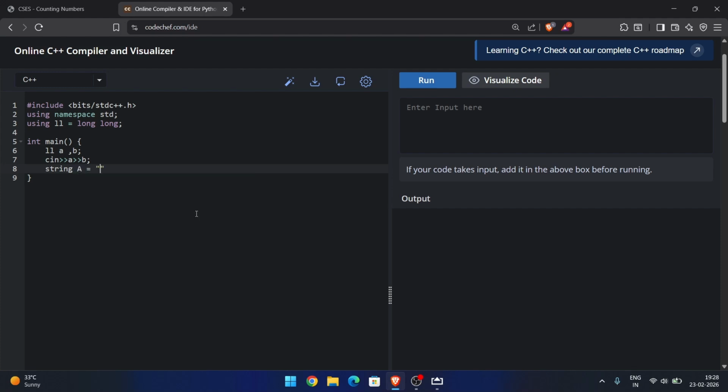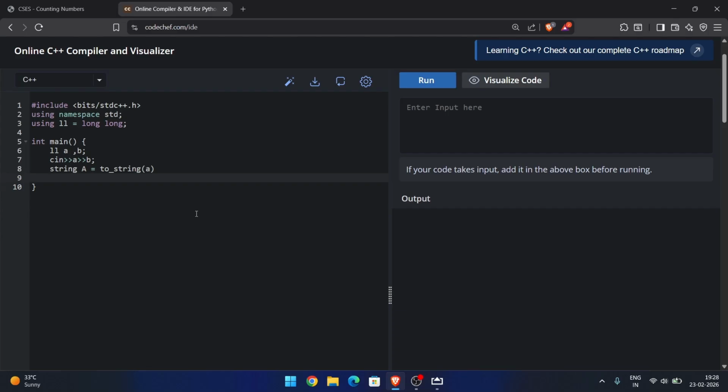Okay, let's say string A equal to string of number A, and string B would be string of number B. So it would be A minus 1, because we are including the number A in this range.